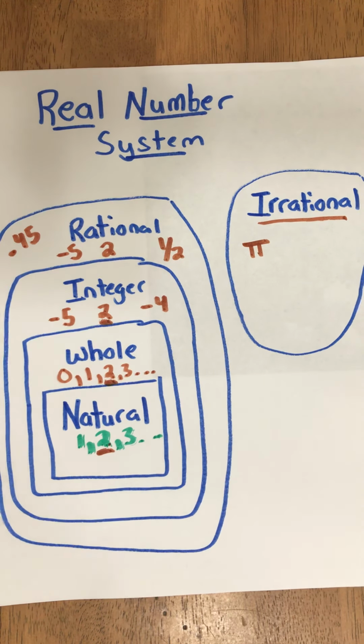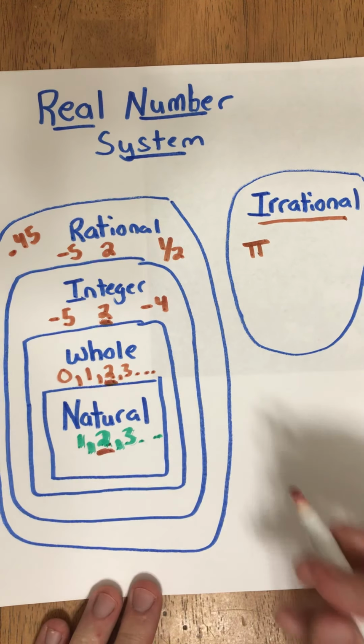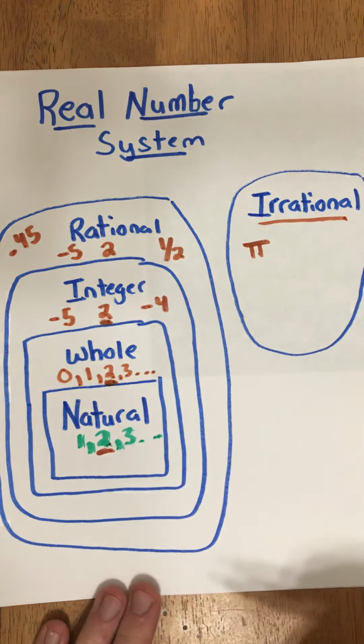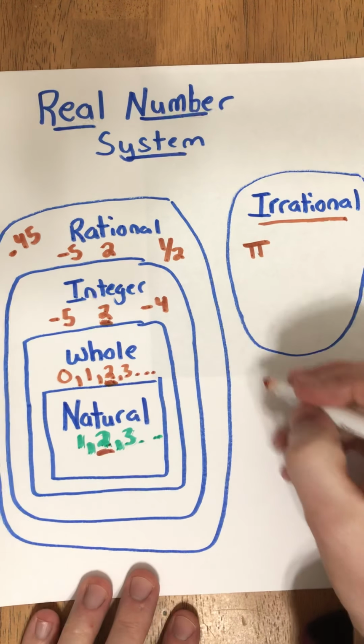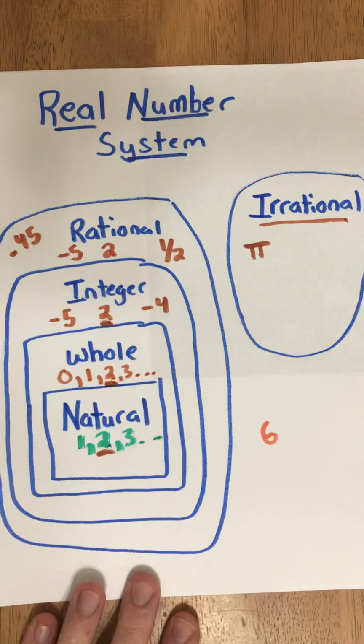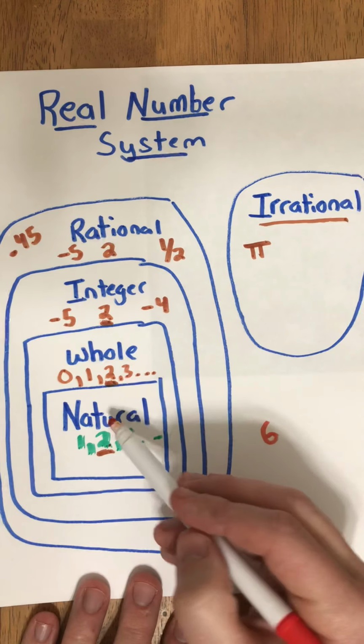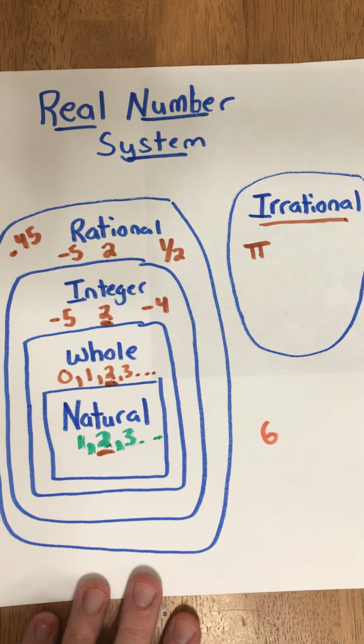So your goal today is going to be, I'm going to give you some numbers and you have to figure out where they go. Okay, so on the quizzes assignment, you're going to get a number like 6. And you're going to have to try and figure out where 6 goes. So you have to ask yourself, is it a number that I would count? If it is, then we say it's a natural number.